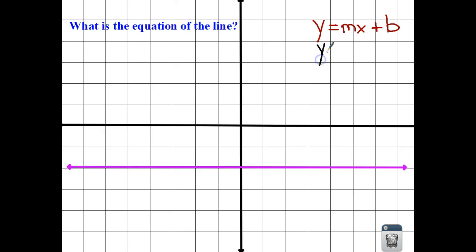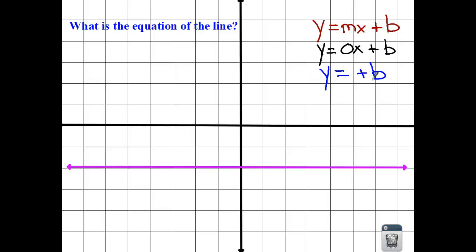So what's going to happen mathematically, if I have a 0 slope, anything you multiply by 0 disappears because it becomes 0. So y is equal to nothing plus or minus b. And I say plus or minus b because adding is the opposite of subtracting. So your b can be positive or negative.